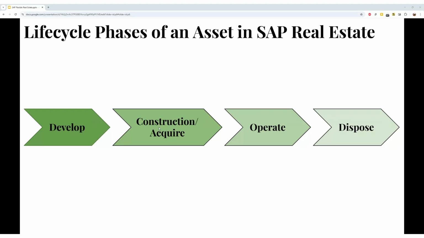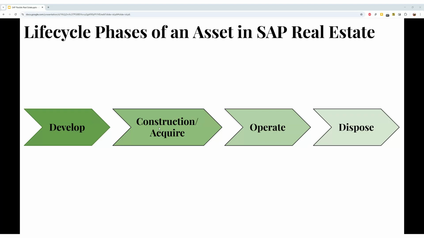Is the project as a whole going as per the plan? What is the delay and what is the cost of the delay? All this kind of analysis and cost incurring can be done in this phase. The cost can again be transferred to the asset which is created at the end of the construction.